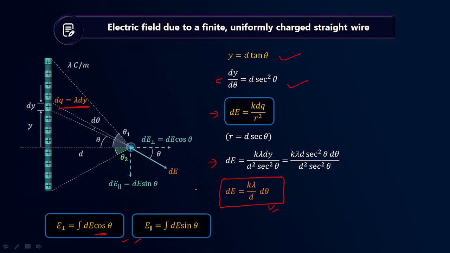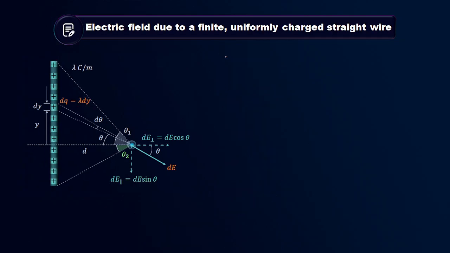So let us do it. We have E perpendicular equal to the integration of dE cos theta, right? And we had dE, that was equal to k lambda by d into d theta. So put the values here.